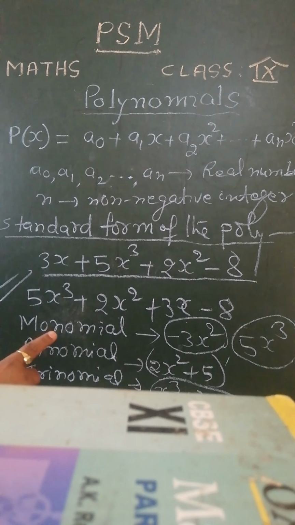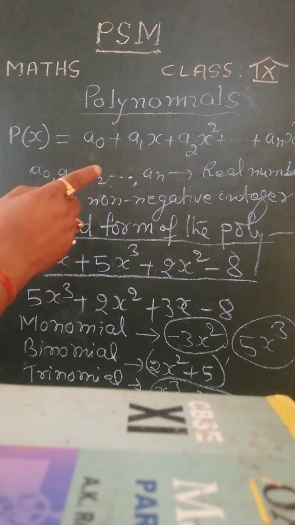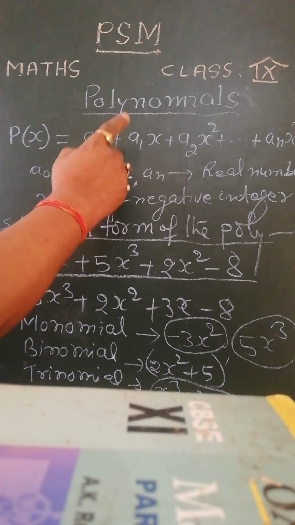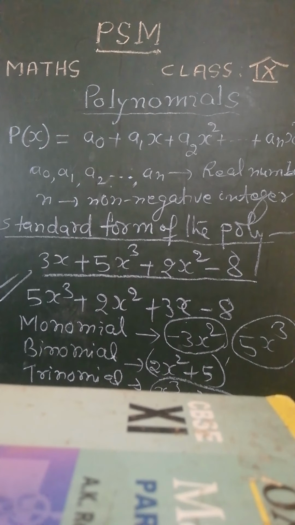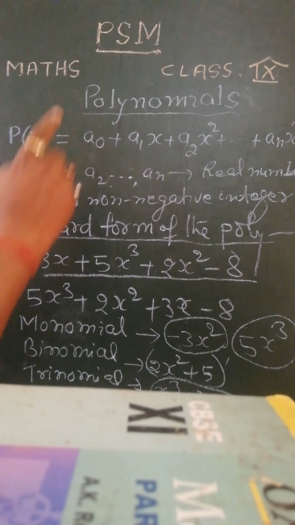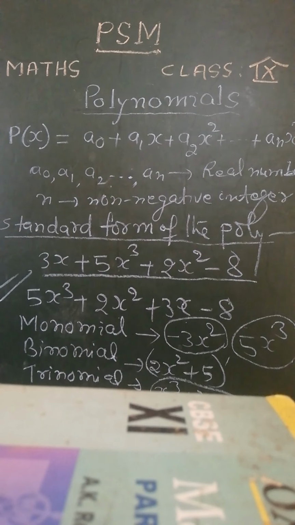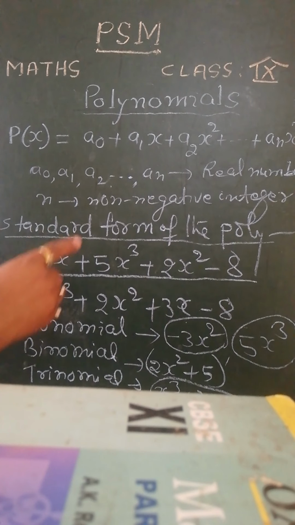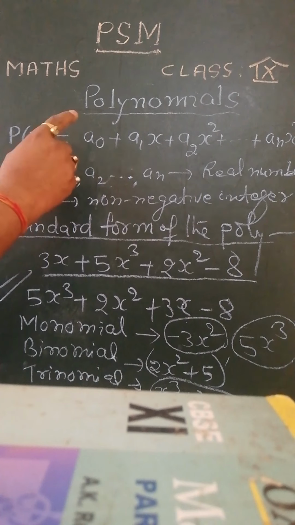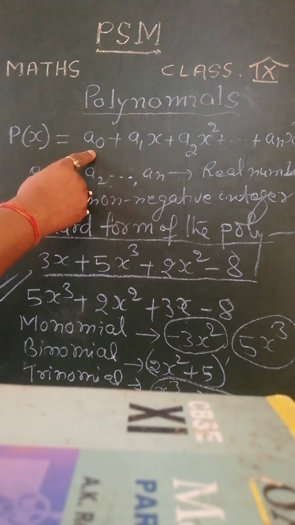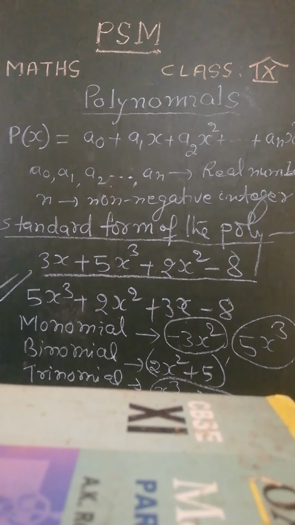If the polynomial is of degree 2, then the highest power of x will be 2. If the polynomial is of degree 1, then the highest power of x will be 1. You know very well that a0, where no variable is there, is a constant number.